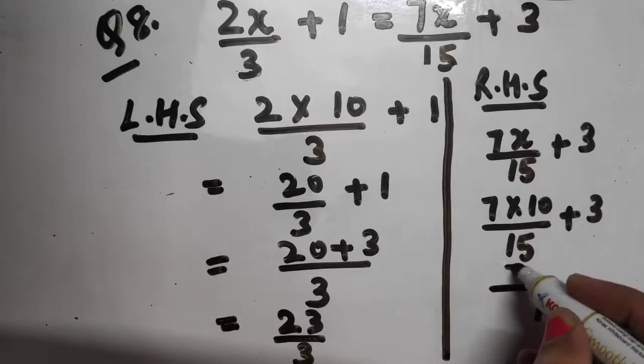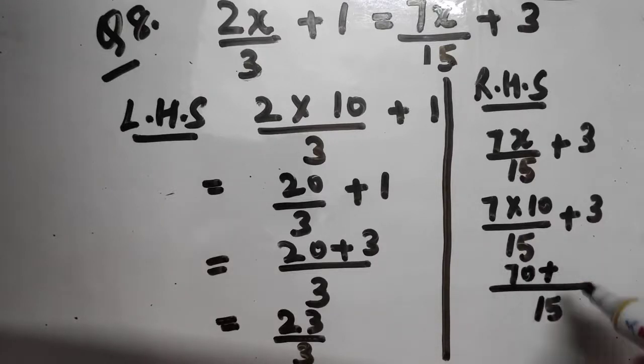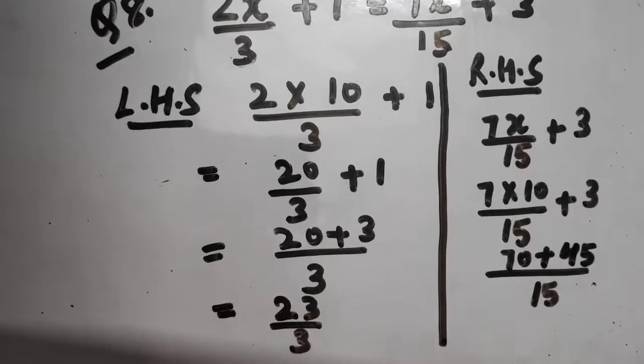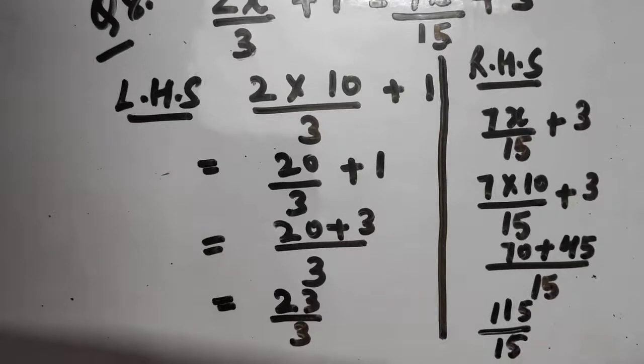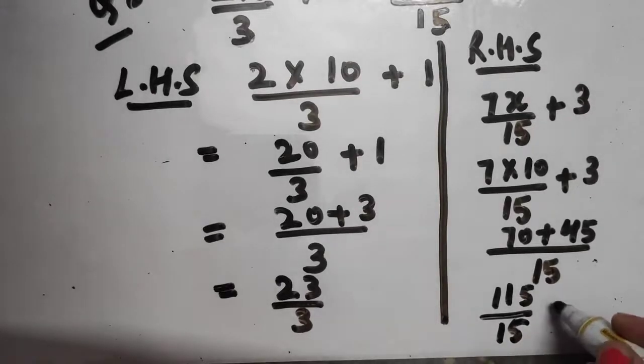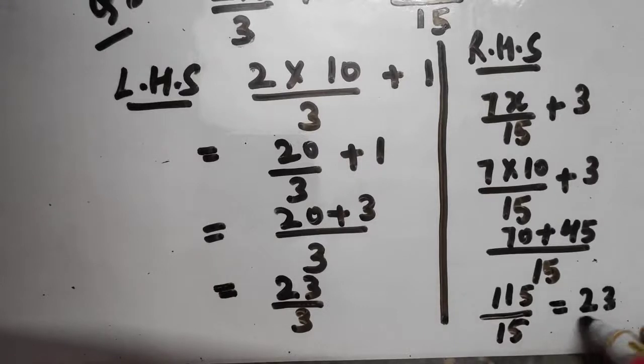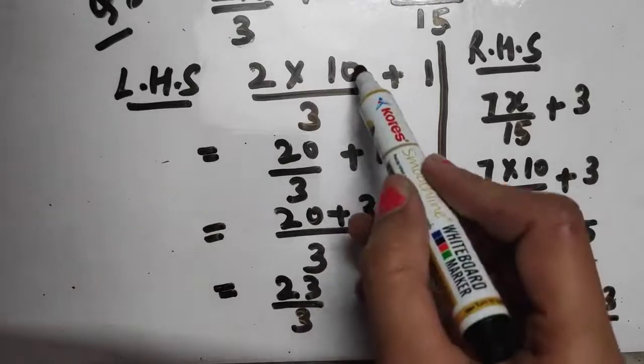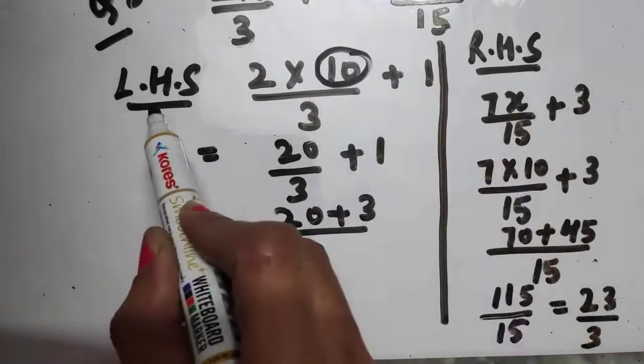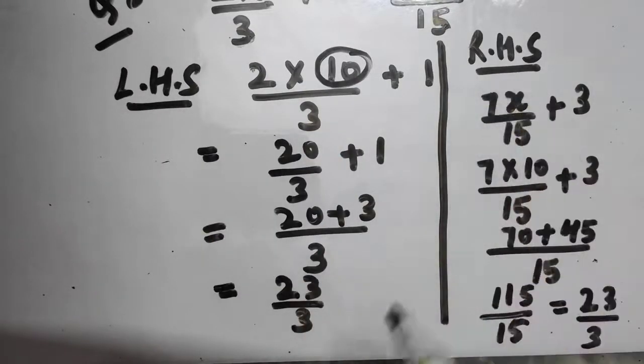So it will be (70 + 45)/15, which is 115/15. That will be equal to 23/3. So you can see after putting the value of x as 10 on both the left hand side and right hand side, I am getting the same answer, hence verified.